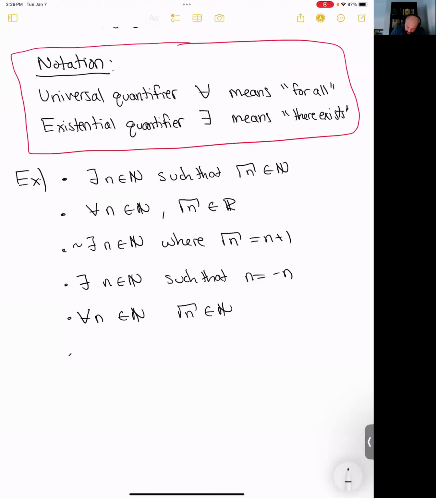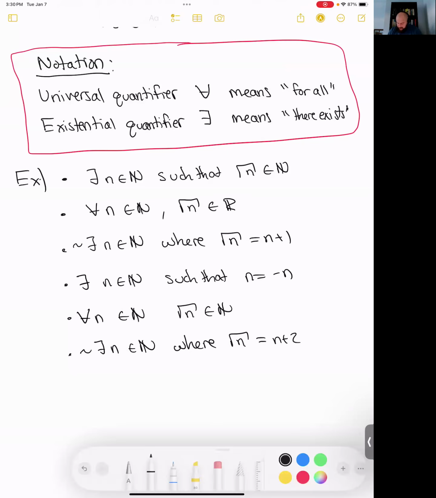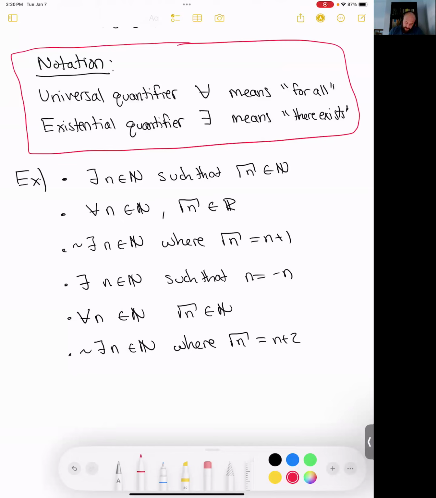And we could say that it is not the case that there exists an n in the natural numbers where square root of n is equal to n plus 2. You'll notice in the structure of these things that if I take away the quantifier, then you get an open sentence. But since I'm quantifying things, it's no longer an open sentence because I can decide the truth or falsity of whether there exists something, or whether for all something, something is true.